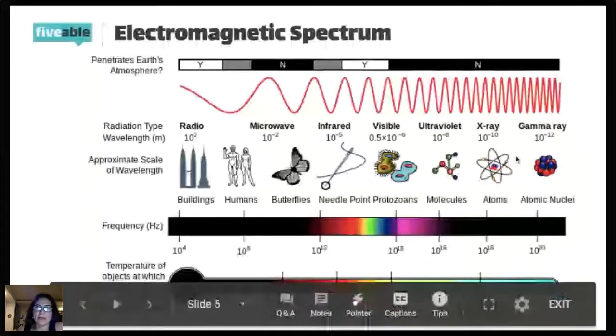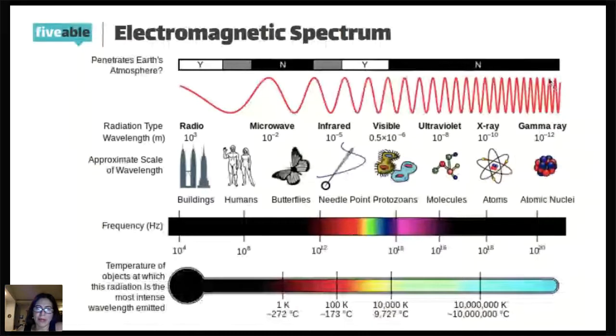We can notice that as the frequency increases, so if it's many waves per second, the wavelength decreases. And the other way around, if the frequency decreases, the wavelength, the distance per wave, will increase.